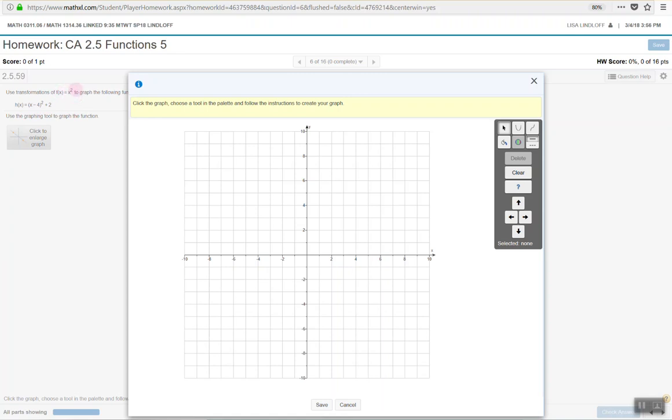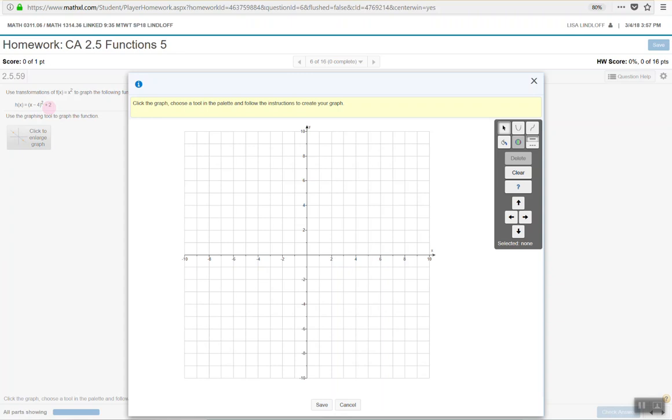What did we do? There is a subtracted 4 inside before the squaring. That actually means it's going to shift right 4. There is a positive 2 outside the function, outside of the squaring, and that means it's going to go up 2. So let's see how to do this in MyMathLab.